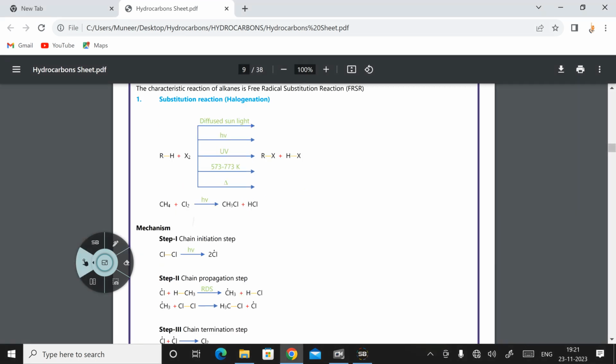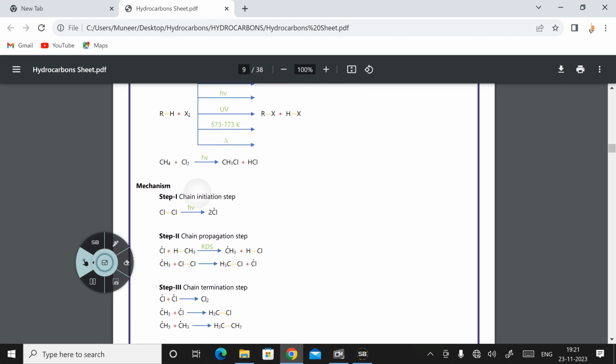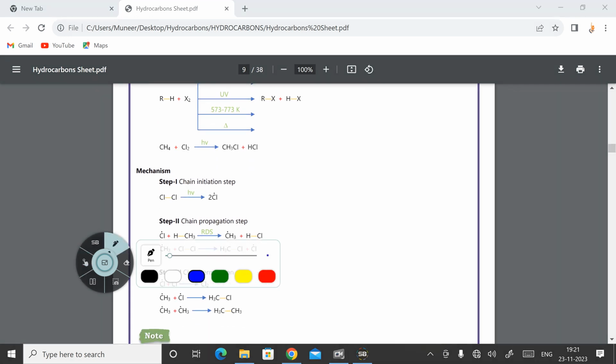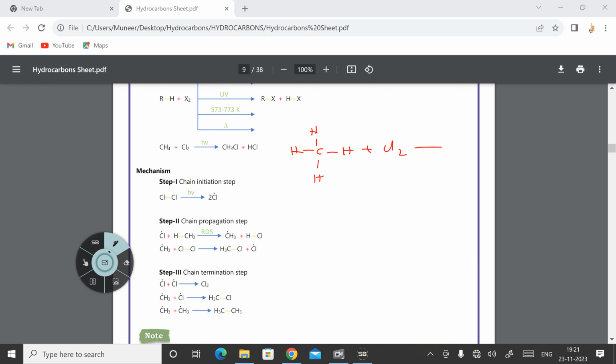Now see here, CH4 plus Cl2 in the presence of hν. One H combines with Cl and escapes out in the form of HCl.